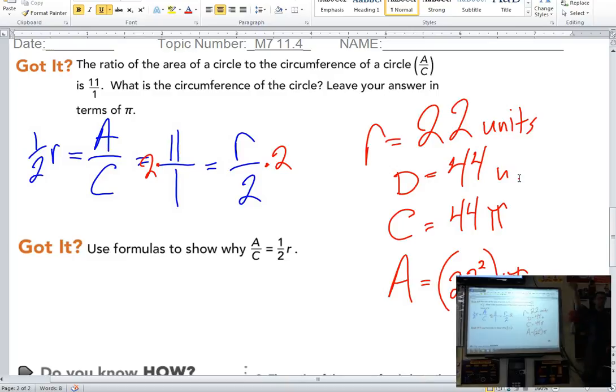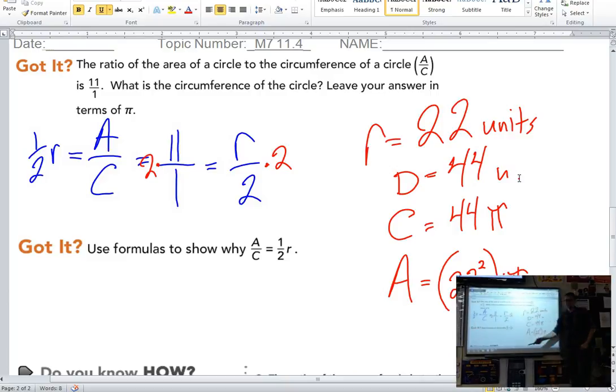I can calculate all of that from just a little ratio that they gave me. A comparison of area to circumference. Let me literally calculate every single thing about my circle. So this is saying that the area of the circle is 11 times the circumference.